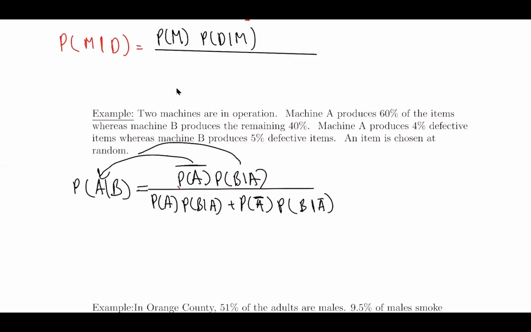And you divide this by pretty much the same thing: the probability it came from machine one times the probability it's defective given it came from machine one.